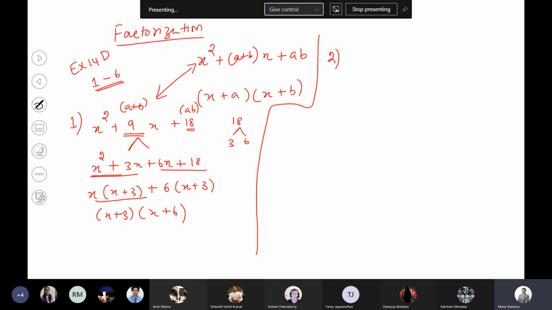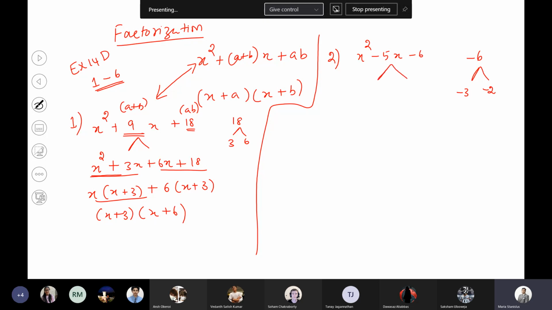So the next question is x square minus 5x minus 6. Two numbers multiplied, you get minus 6, and add them, you get minus 5. Therefore, the two factors are minus 3 and minus 2.